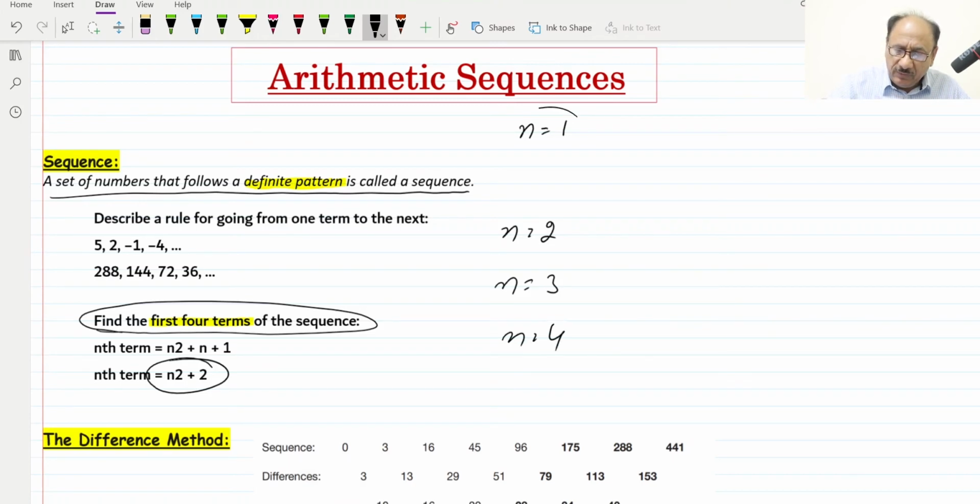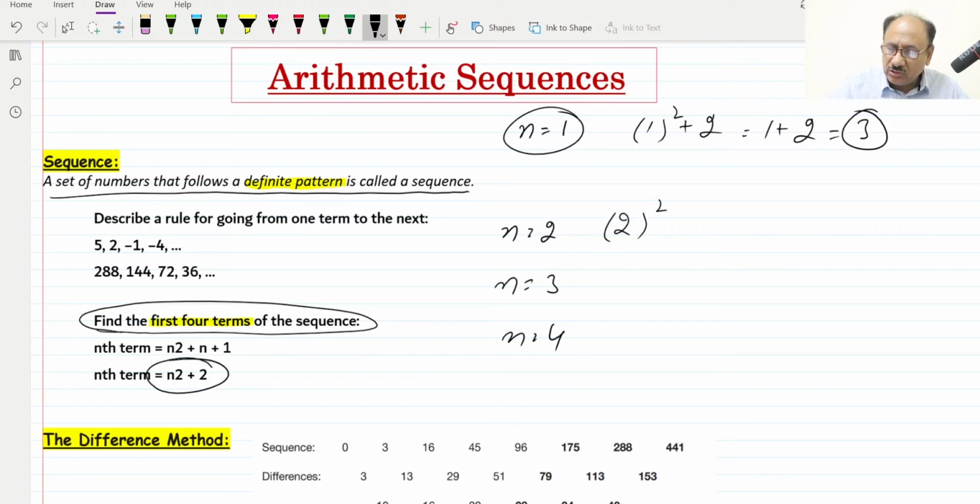If we replace n is equal to 1, we will get n squared, which is 1 squared plus 2, which is 1 plus 2, and we can write it as 3. For second term, we can write 2 squared plus 2, which is equal to 4 plus 2, and we can write it as 6. This will be our second term. And 3 squared plus 2 will be 9 plus 2, which we can write as 11.